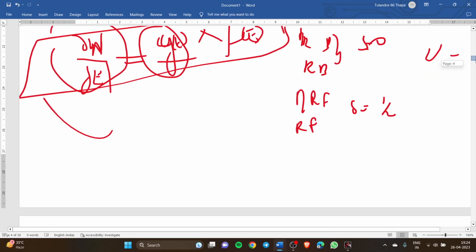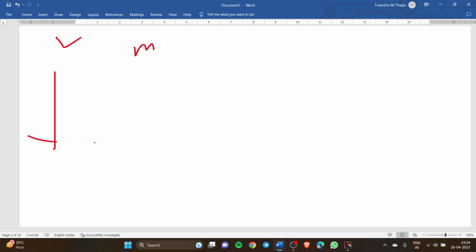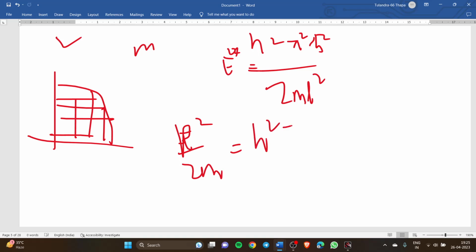If I go into a little more detail, let us take an object of volume V and mass m. Now we have the distribution of its states in 3D, and from this formula, n²π²ħ²/(2mL²) is equal to E. So p²/2m is equal to h²n²/(8mL²), and this n² becomes nx² plus ny² plus nz². These nx, ny and nz represent the quantum states.